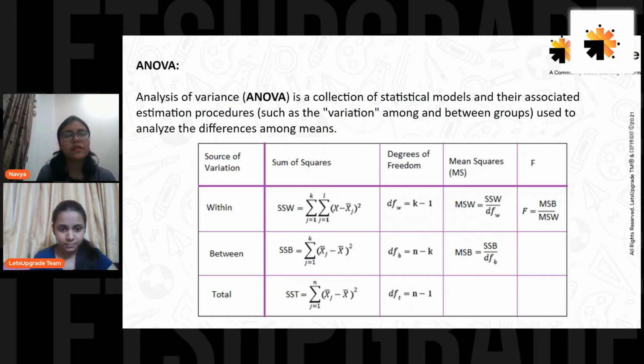I can recall a very good example of ANOVA as well. We all know we have all gone through corona, right? So the testing that is being done, the injection.